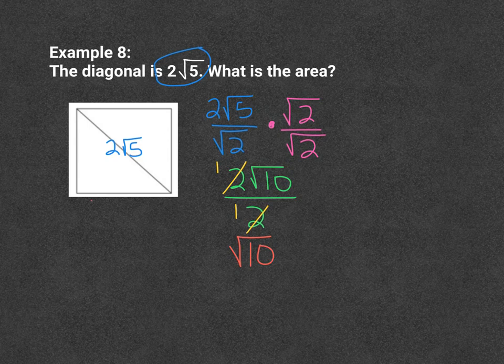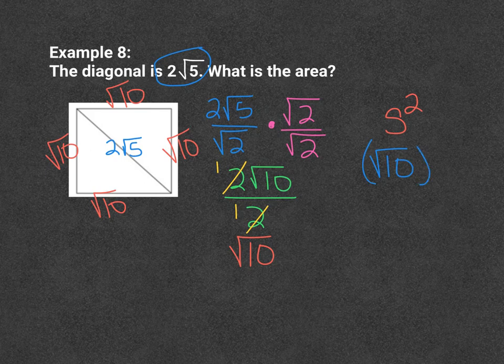So I'm going to write it in. So I have root 10, root 10, root 10, and root 10. Now in order to find the area of a square, I take the side and I square it. So my side is root 10, and I'm going to square that.